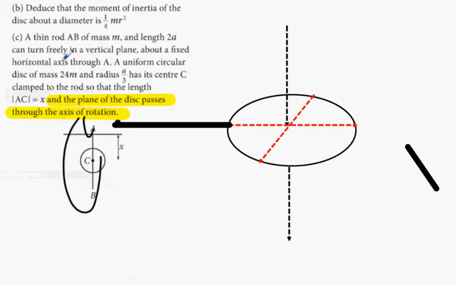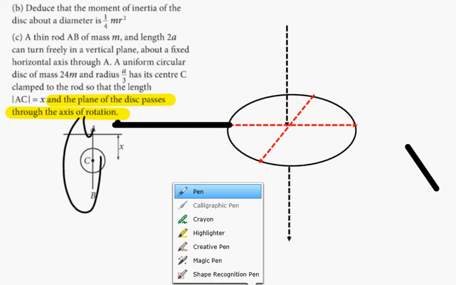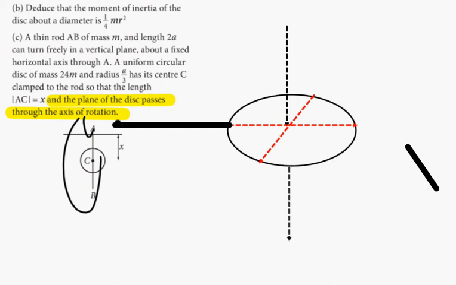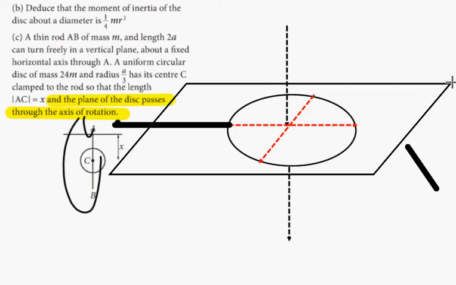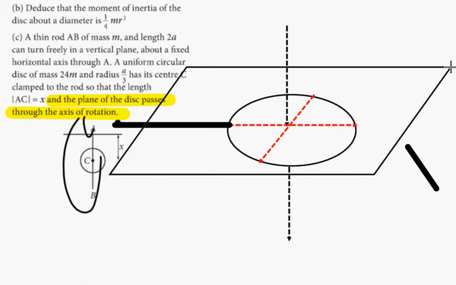So the plane of the disk, guys, refers to this: if I was to extend my disk here as a parallelogram in my 3D picture, like that, that's the plane of the disk.